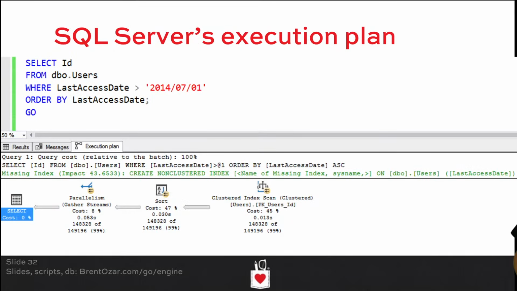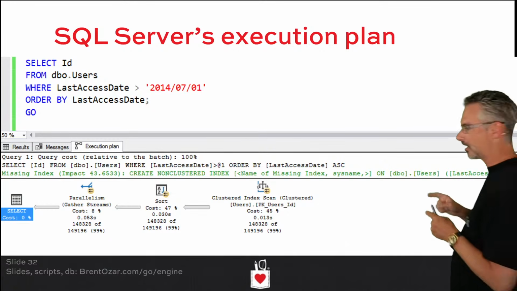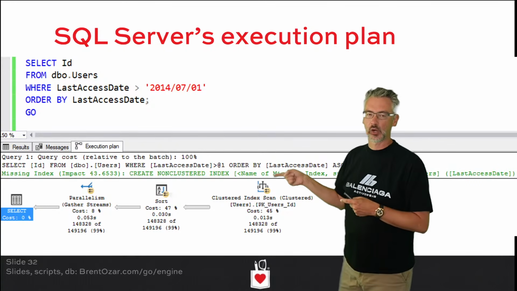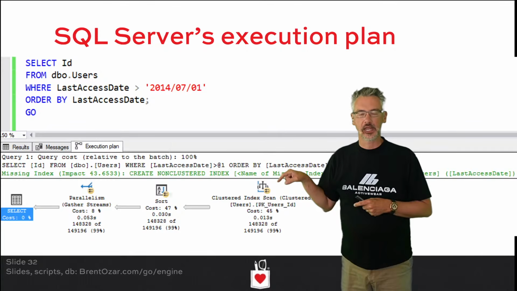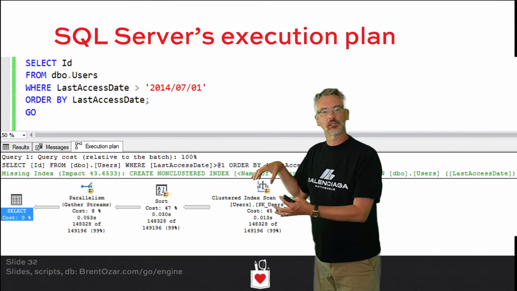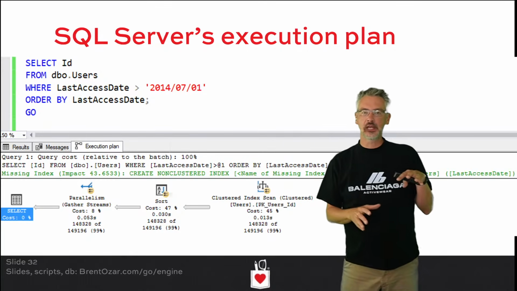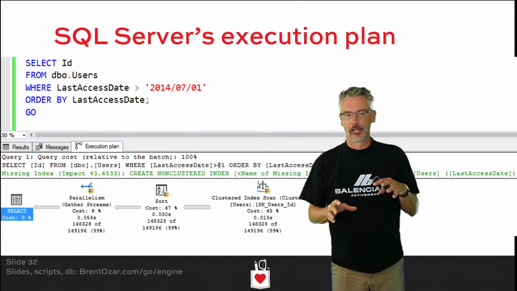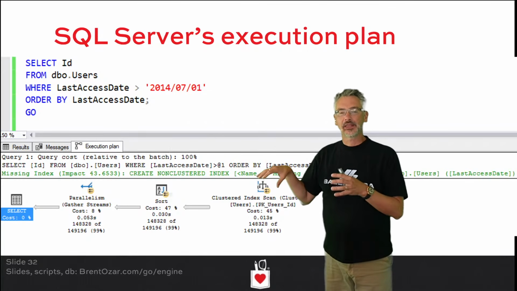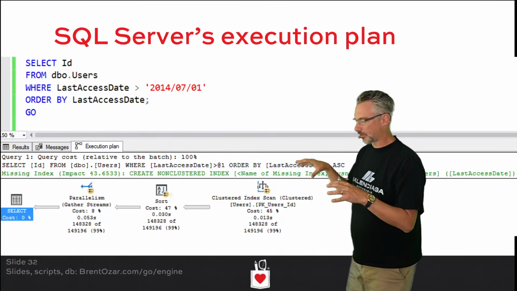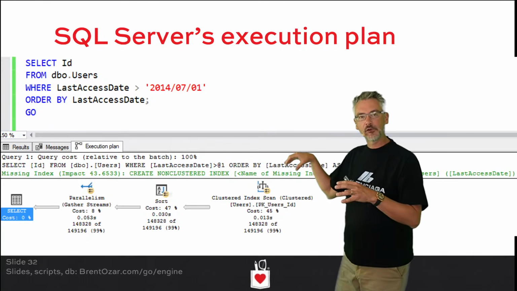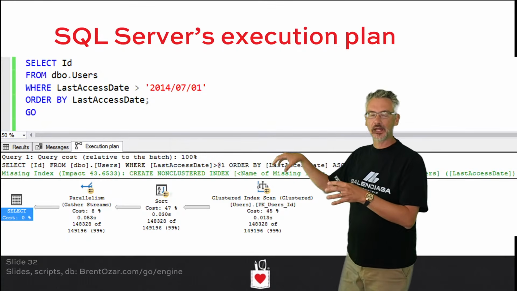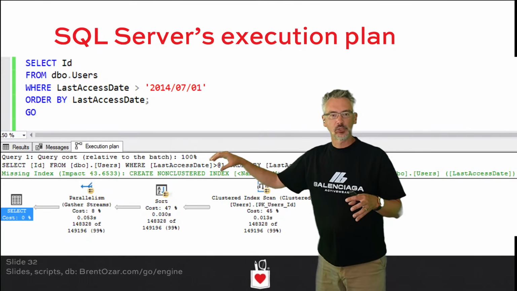Okay, there's SQL Server's execution plan. So now you notice we got an extra operator in here. We got this clustered index scan. I think of each of these little operators as like a standalone microservice. These only do so many things. And Microsoft wrote SQL Server in a way that it could plug different operators in at different spots in the plan. So the sort's going to happen later.